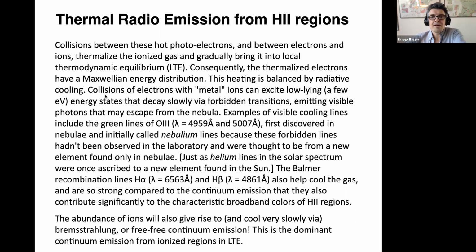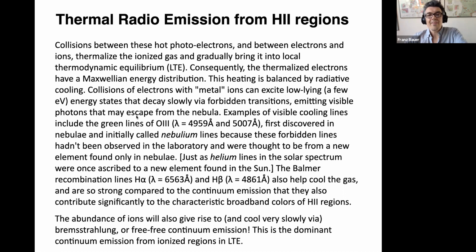It may be the case that in real situations we don't have just pure hydrogen, but we have metals as well. And so we'll have collisions of electrons with metal ions, and these can create low-lying energy states, which can create line emission as well.